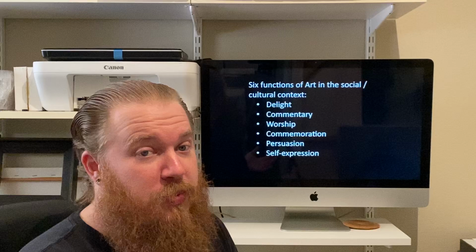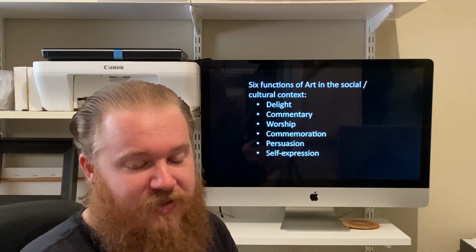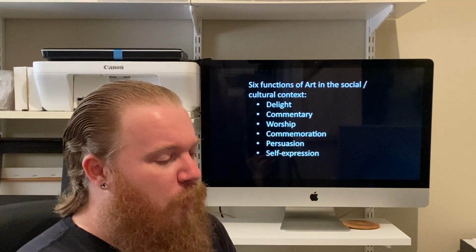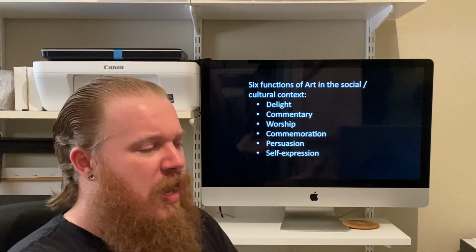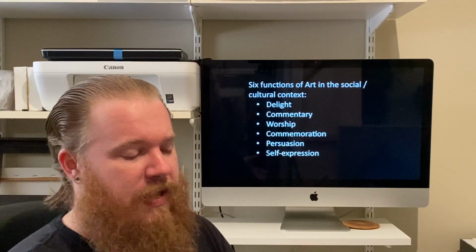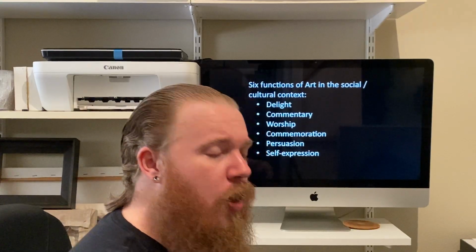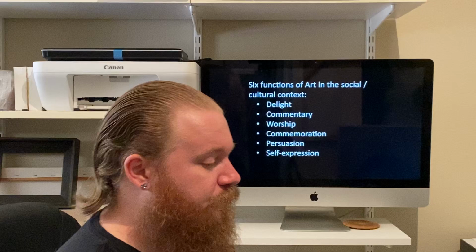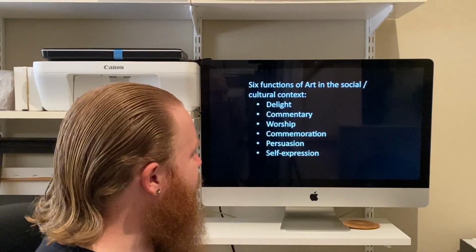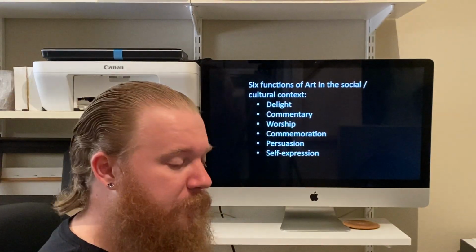It can be used to persuade us to adopt certain information, whether that be good or bad. And obviously, it can be used to express ourselves, to get our own personal expression out there for others to see. So, we will see examples of all of these things today.